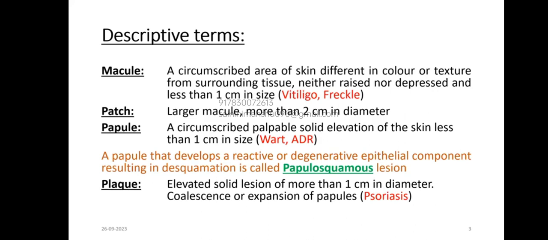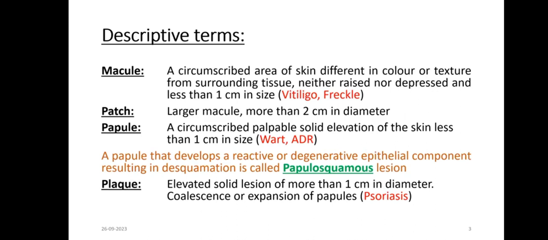The same macule, if it is larger, that is 2 or more centimeters, we consider as a patch. A larger macule, more than 2 centimeters, but neither raised nor depressed from the skin, is considered a patch. Now comes papule.